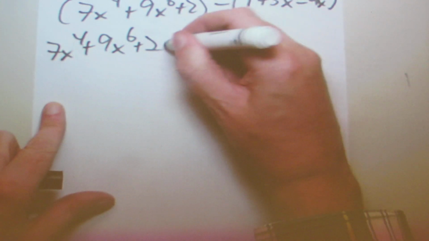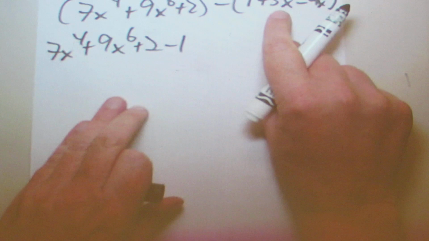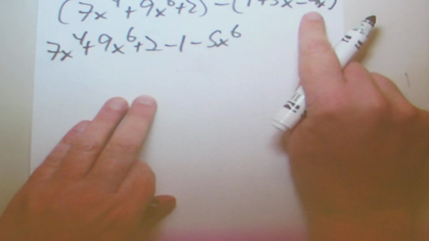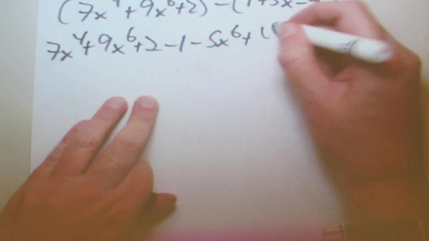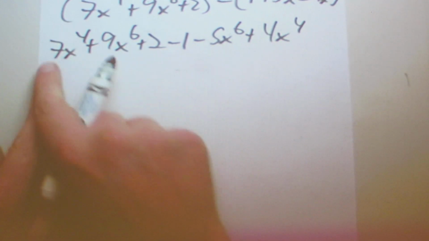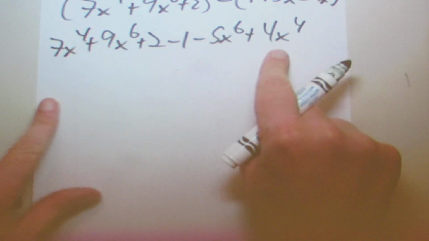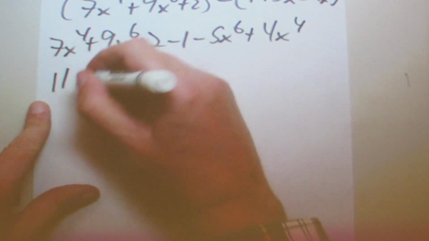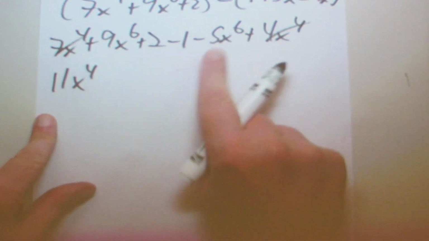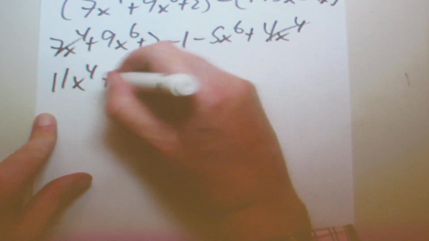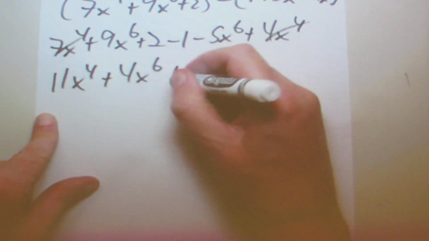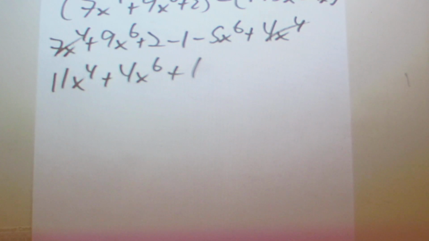So 1 becomes minus 1, plus 5x to the 6 becomes minus 5x to the 6, minus 4x to the 4 becomes plus 4x to the 4. Now we're going to combine like terms. We have a 7x to the 4 plus a 4x to the 4, that's 11x to the 4. 9x to the 6 minus 5x to the 6 is plus 4x to the 6. And 2 minus 1 is plus 1.